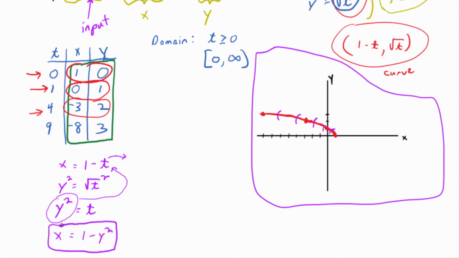If you graph the curve x equals 1 minus y squared, you would get the other half of the parabola, right? Let me do it in a different color. You would get this half of the parabola. It'd be the mirror image of the half in red across the x-axis, wouldn't you? But you cannot say that that's part of our graph, because what we're doing is graphing just half of it.